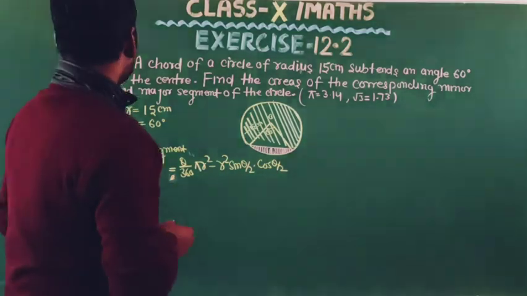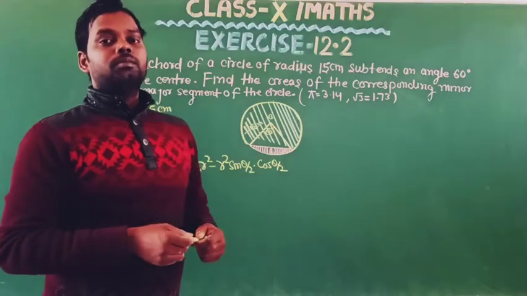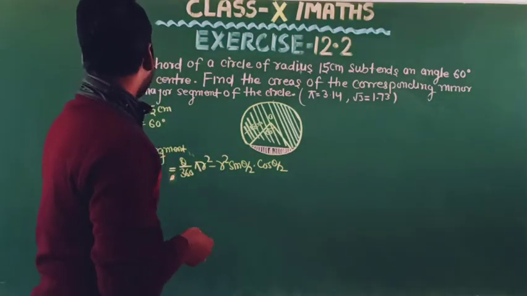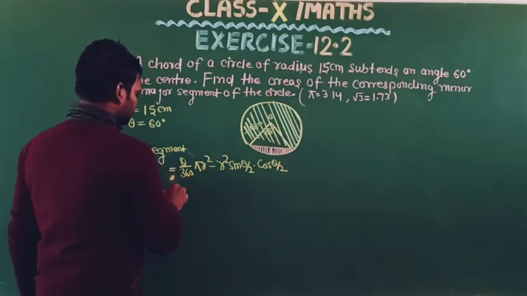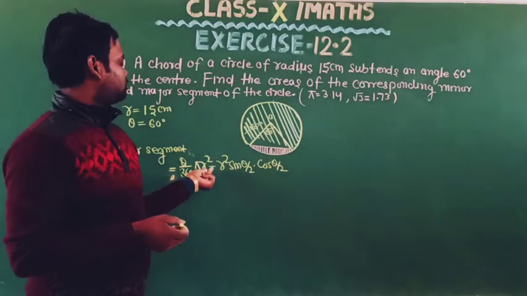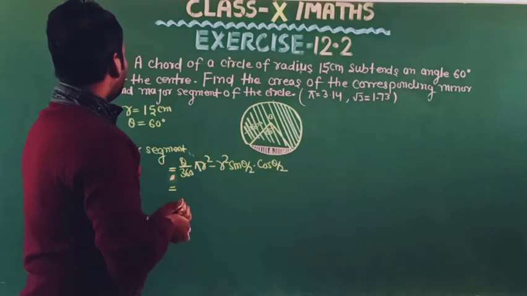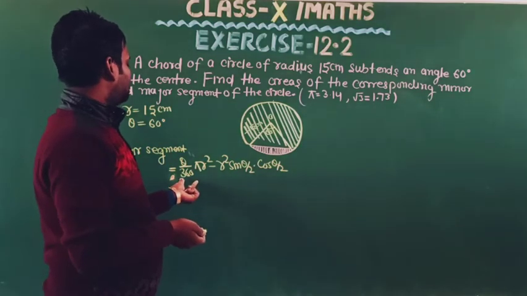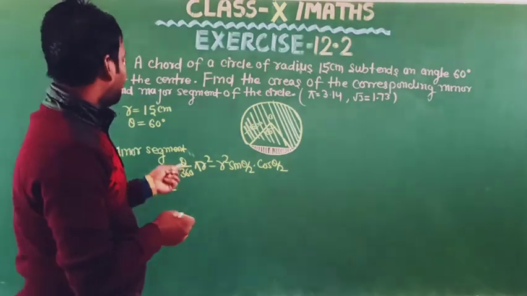This is the formula for finding the area of a segment. Now I am going to substitute the values of theta and radius r.